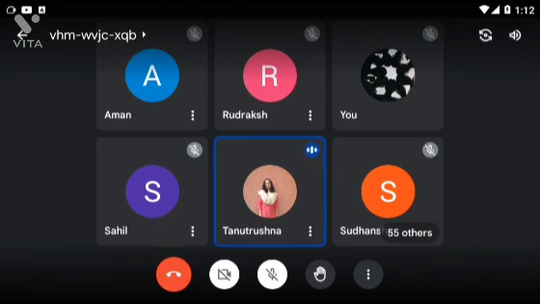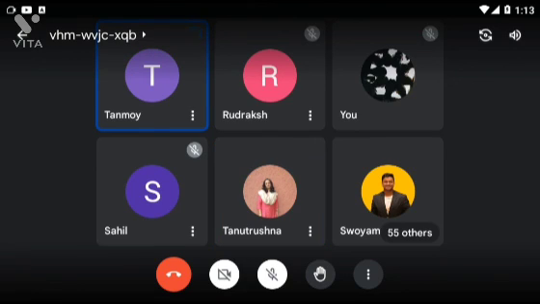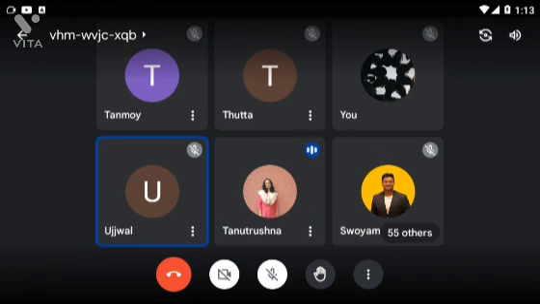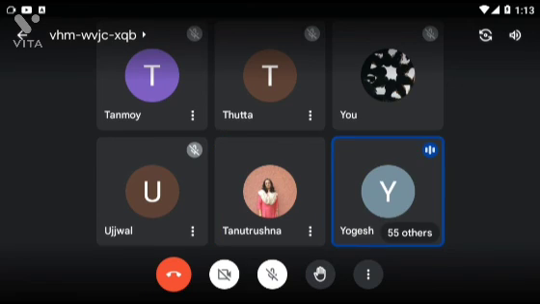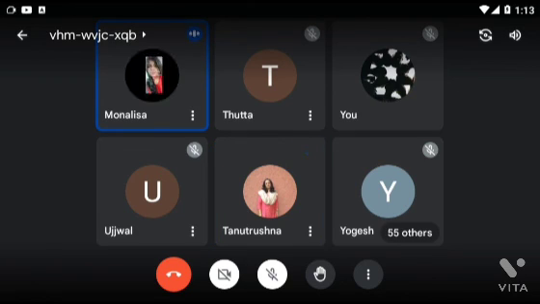Okay, Swayam Siddharth Naik. Present, ma'am. Tanmay Barman. Present, ma'am. Tuta Janvi. Present, ma'am. Ujjwal Kumar. Present, ma'am. Vivek Mishra. Present, ma'am. Yogesh Mundra. Present, ma'am. Okay, boys and girls.